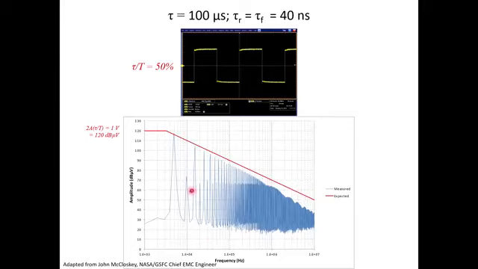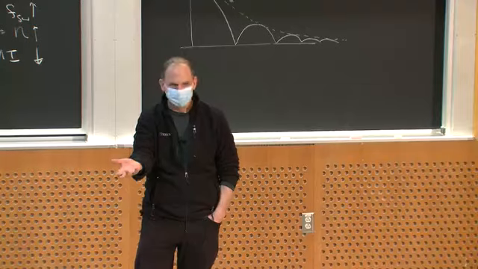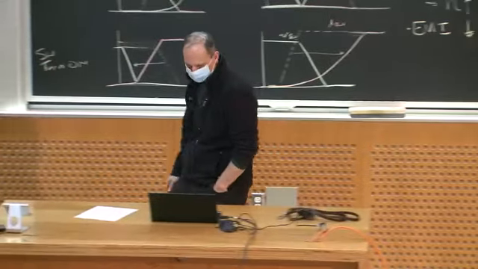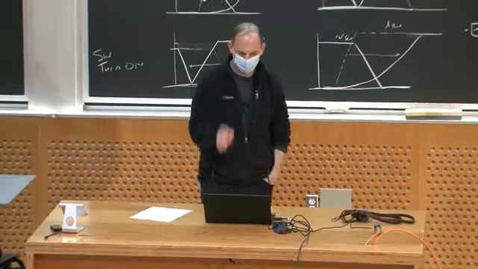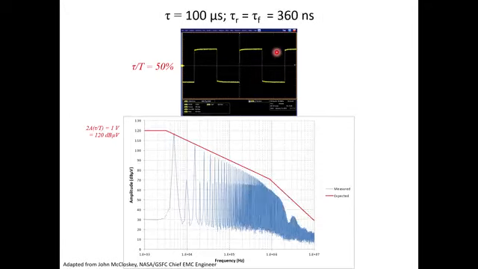And here you can see the even harmonics are low, and the odd harmonics are high, because this is ideally a 50% waveform, and there's no even harmonics in it, except that it's not precisely 50%, so at high frequencies there is some content. Okay? What happens if you go from 40 nanoseconds to 360 nanoseconds for rise and fall time?